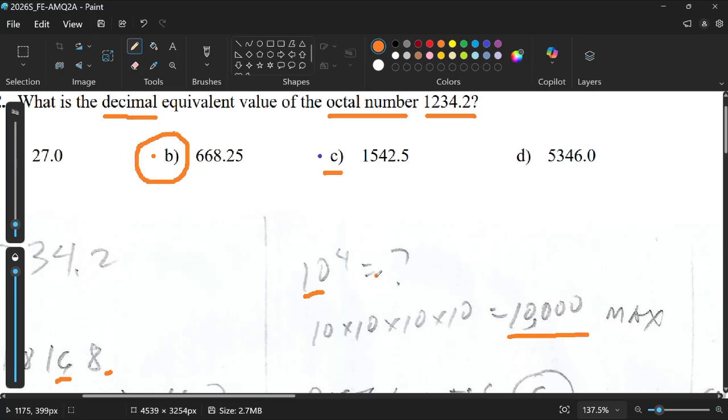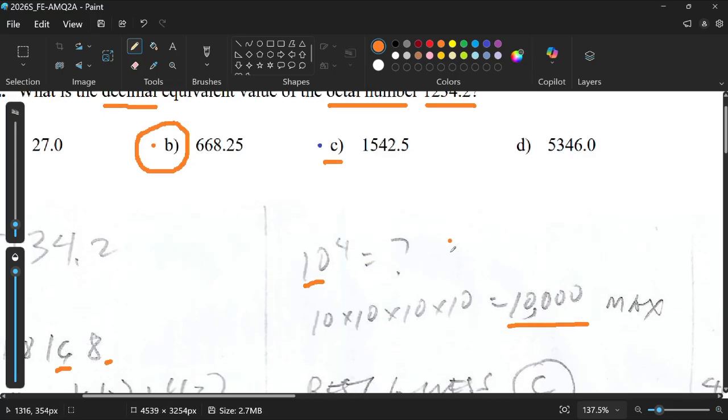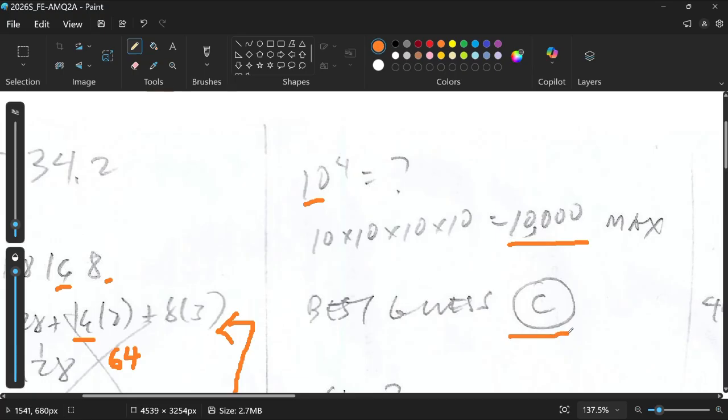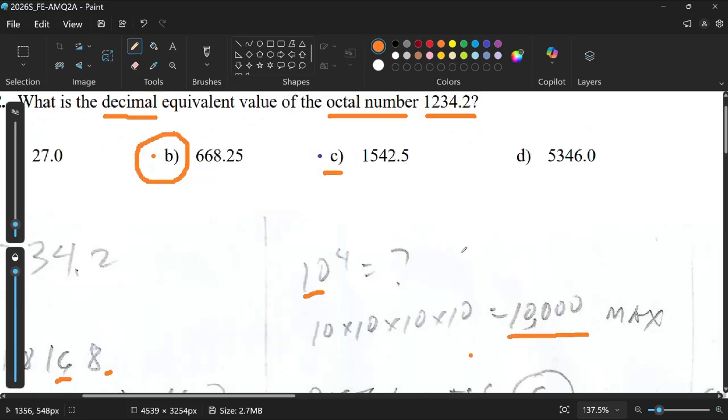And if we're going for 8, then it seemed to me that C would be the best guess because C is 1542.5. It could be B as well. That's why I also checked if somehow, okay, I think it's C, but can I get to the actual number myself?